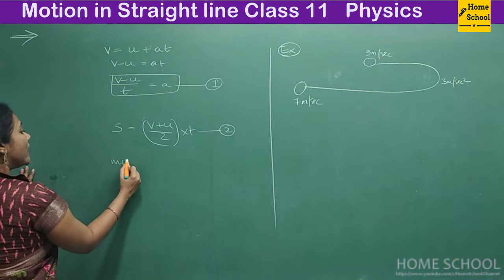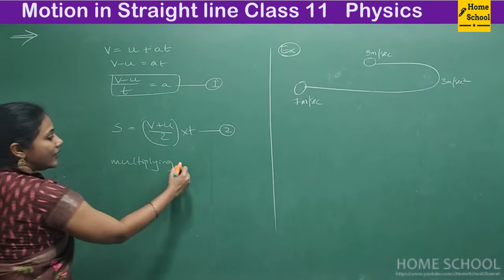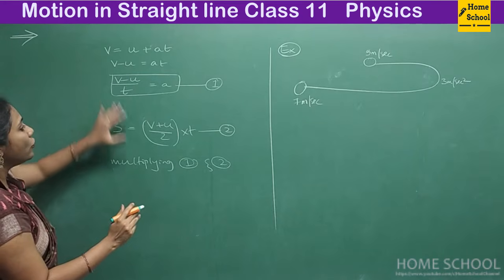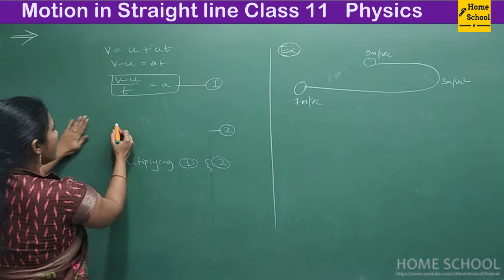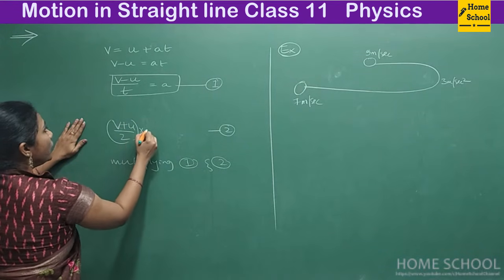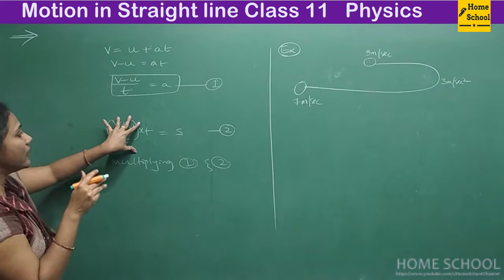Multiplying equation 1 and 2, what do you get? Let me write this equation this way: v plus u by 2 into t is equal to s. So multiply this with this.